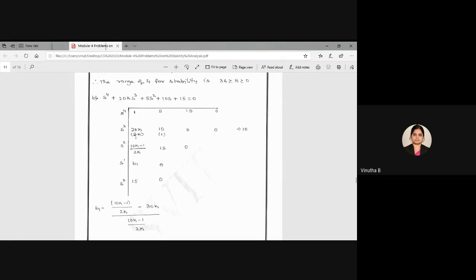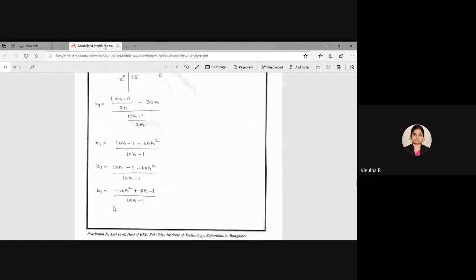So this is how you have to do it. I've just written it as B1 because it's a very huge equation which we could not write here. So they have represented it by B1 and they have written separately what B1 is. This is how you have to find out the range.